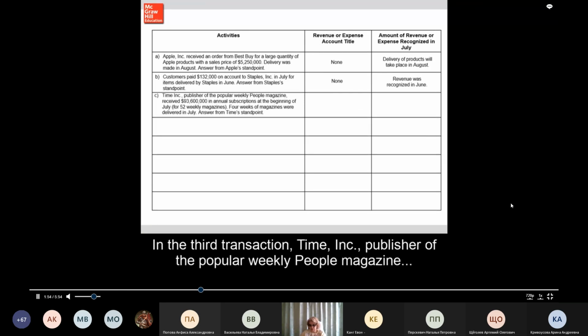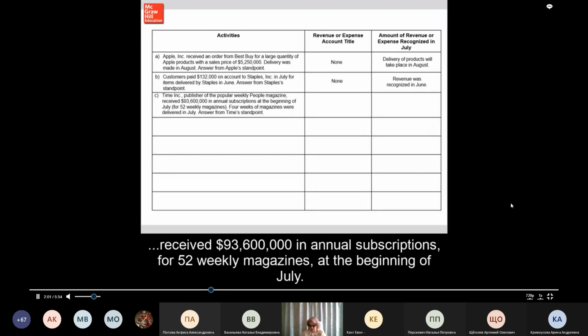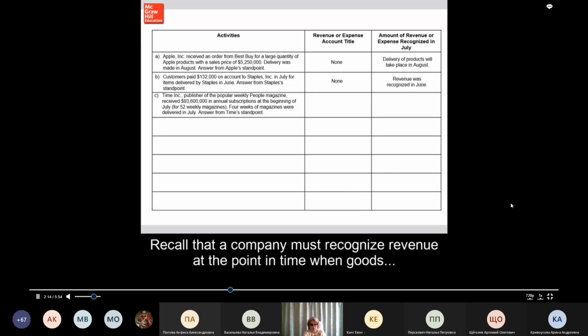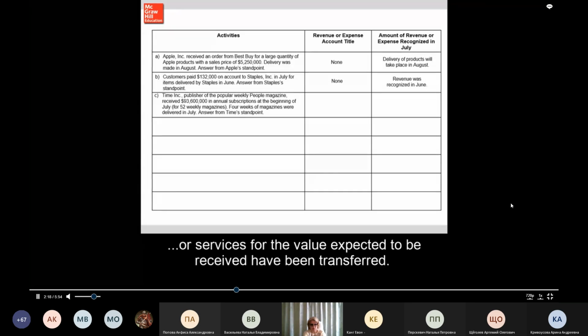In the third transaction, Time Incorporated, publisher of the popular weekly People magazine, received $93,600,000 in annual subscriptions for 52 weekly magazines at the beginning of July. 4 weeks of magazines were delivered in July. Recall that a company must recognize revenue at the point in time when goods or services for the value expected to be received have been transferred.